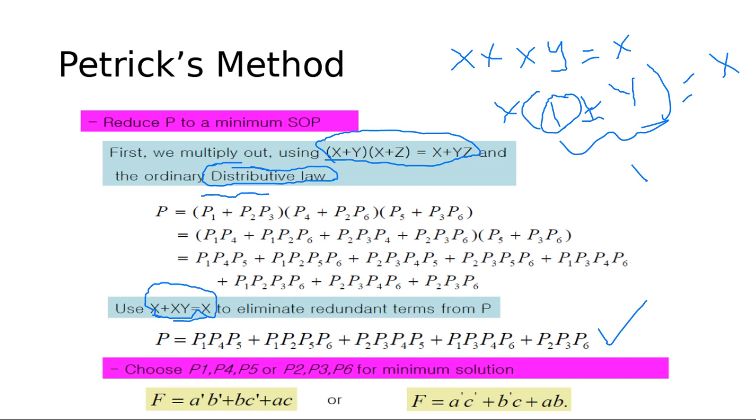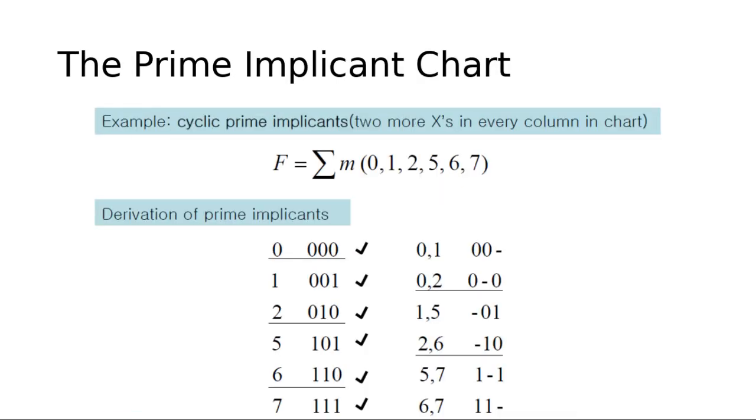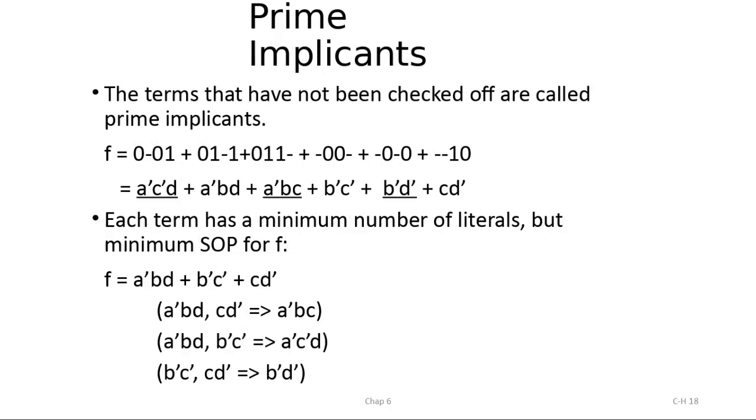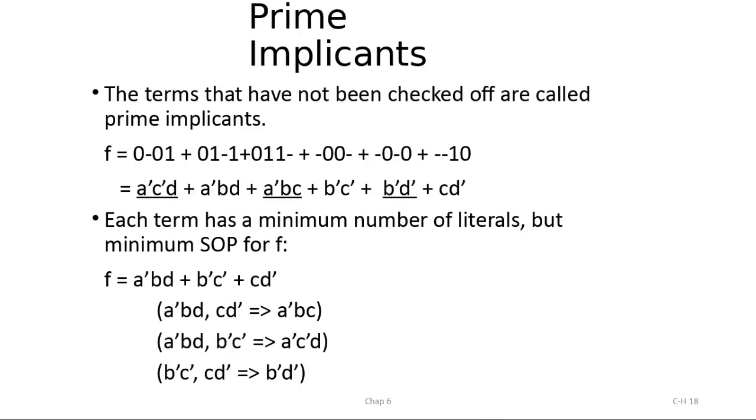So what we said about the chart. Let's see the chart. What we said about this implicant chart. We said that you have to use all of the minterms, right? You choose special expressions, special minterms. They have to include all of the minterms, right?